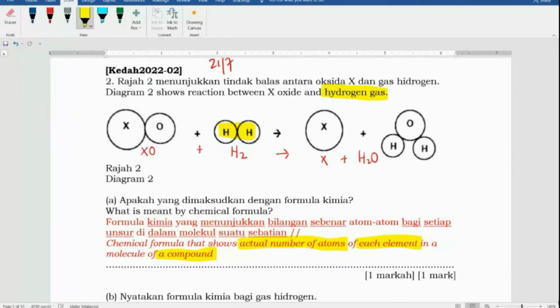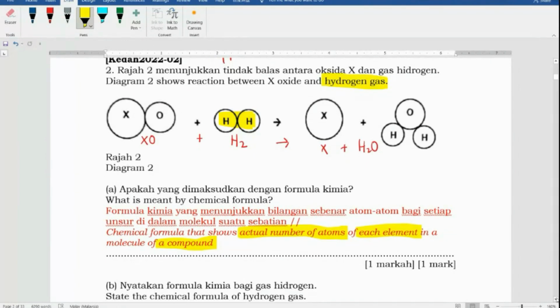Now B. Jerome, can you read the question and give your answer? State the chemical formula of hydrogen gas. What is the answer?